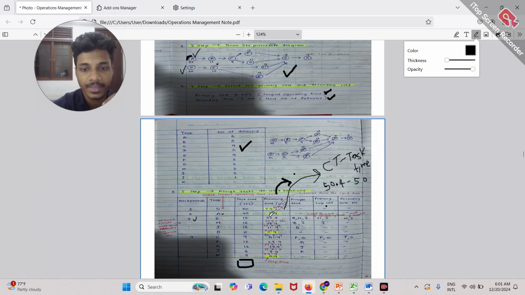So remaining time is 50.4 minus 15, right? I'll note it down here, if you want.